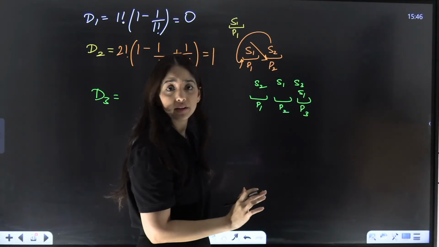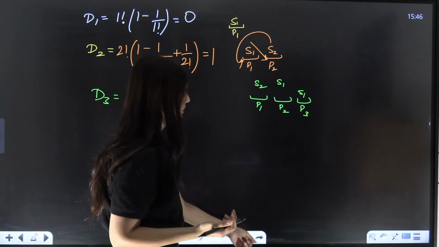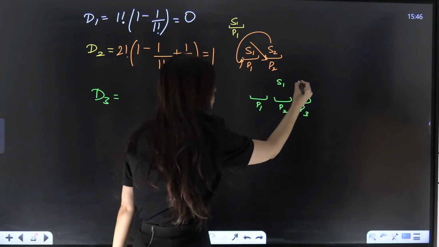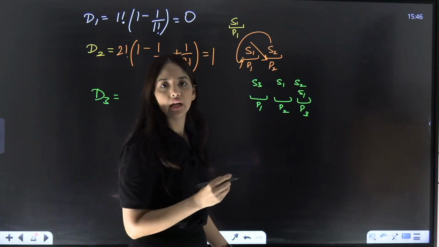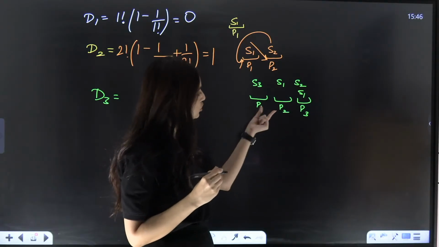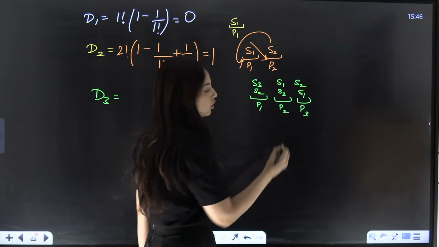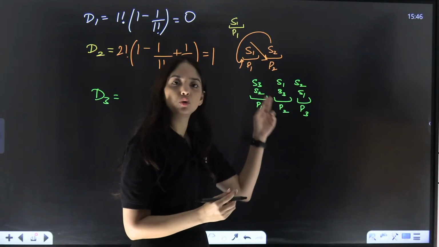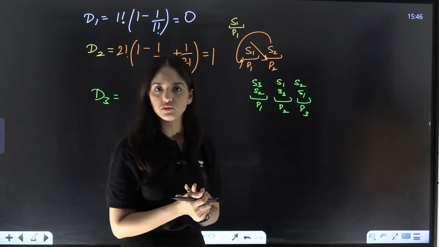That means it will be in its original spot. That is not allowed. So that means S2 has to go here so that S3 can go here. Similarly here, S2 cannot go here, S2 has to go here, which means S3 will go here. So only two possibilities are there for 3 objects.